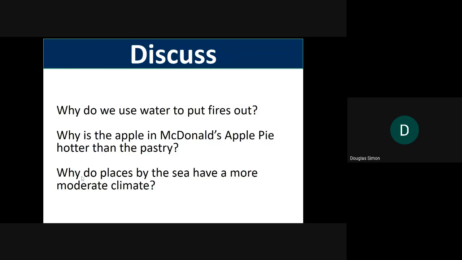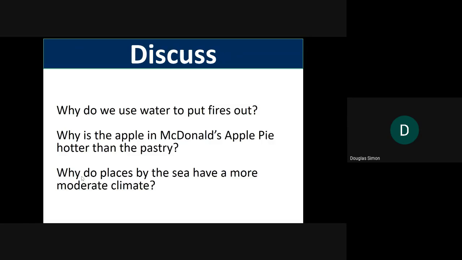So you are removing heat from the fire, which of course is one of the 3 things you need for a fire, and you will put it out. The 3 things you need for fire are, of course, heat, fuel, and oxygen. So if you can use water to reduce the heat, you will put it out.